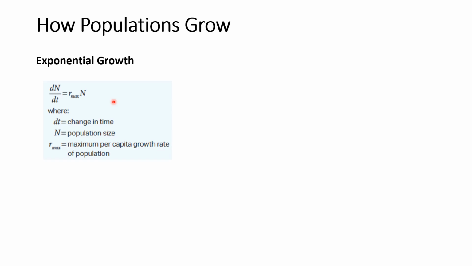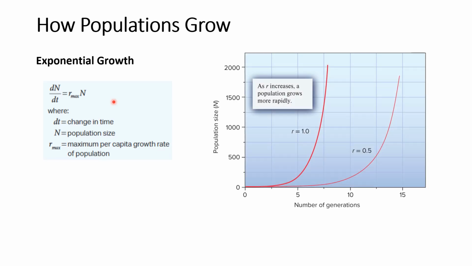So if r is 0, there would be no growth in the population. It would stay the same. If r was negative, the population would decline. If r is positive, it will increase, and the higher the r value, the faster the population will grow exponentially.